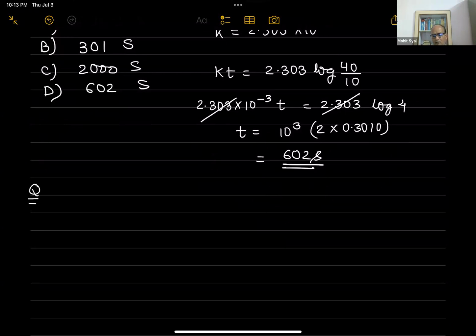Next, these are all from NEET. This is also about the integrated rate law only, for the first order reaction.